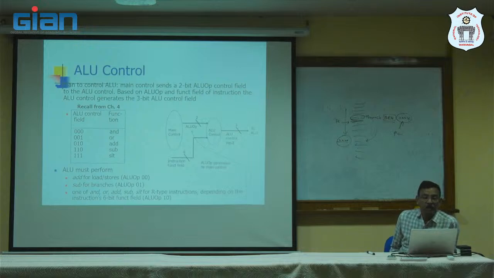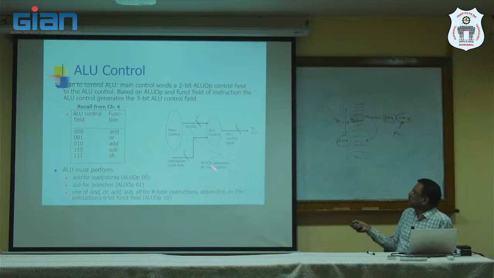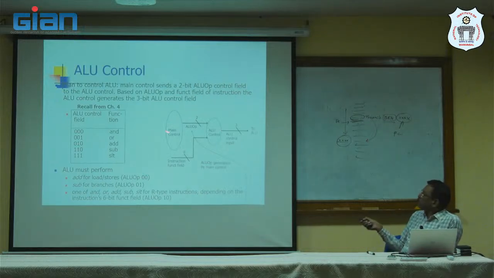Based on ALU OP and the functional field of the instruction, the ALU control generates a 3-bit ALU control field. So here the controller we are generating, but this is a very simple processor, with two level controllers. One level, then the second level: main controller and sub controller. Main controller followed by sub controller.